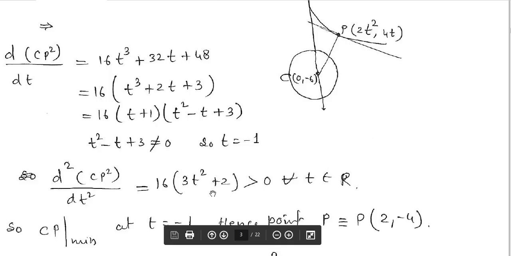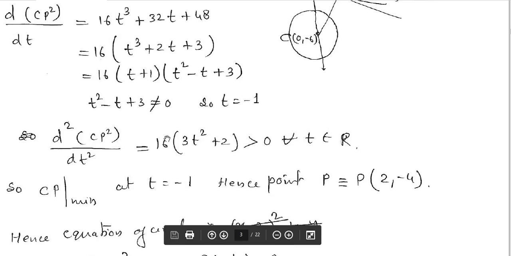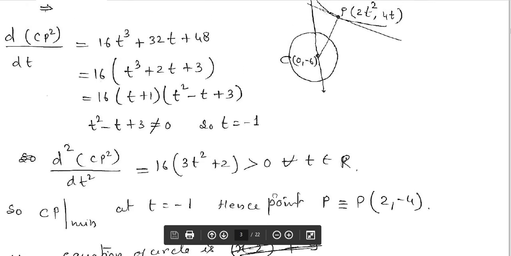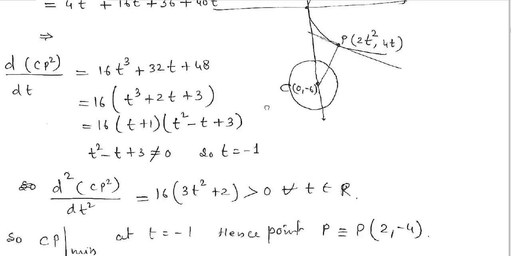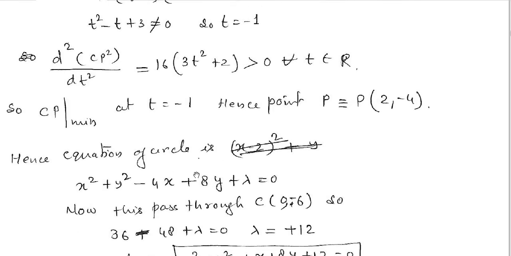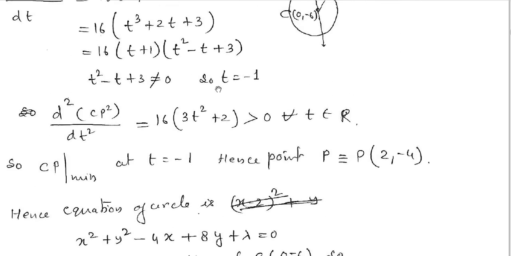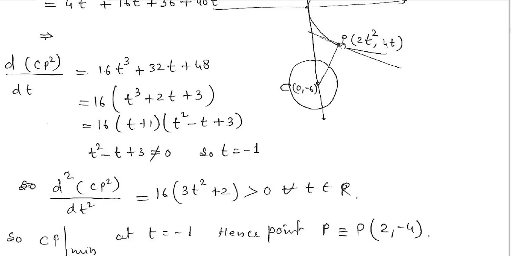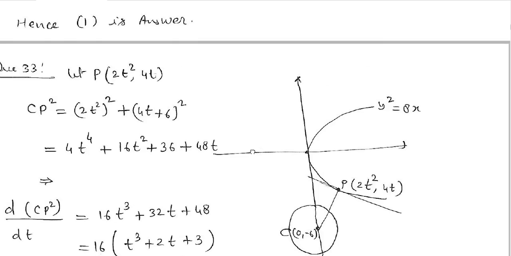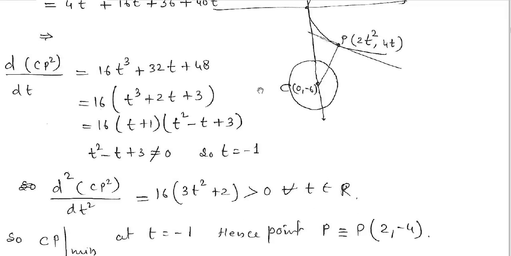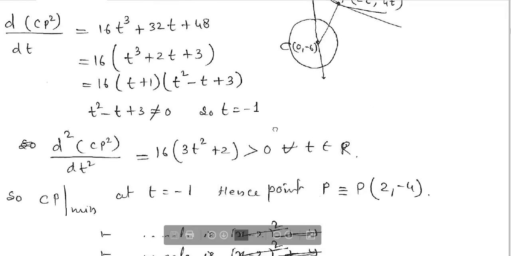This says that at t equal to minus 1 we will get the minimum, hence if we put t equal to minus 1 we will get the point P. And then after getting point P we need to find the equation of the circle that passes through 0 comma minus 6 and has center P.